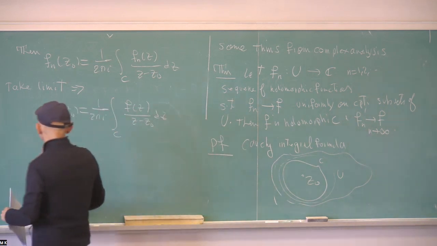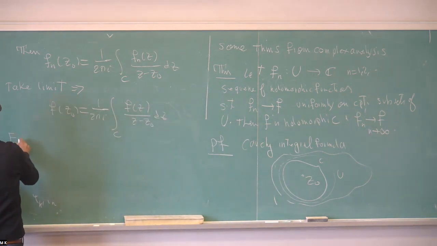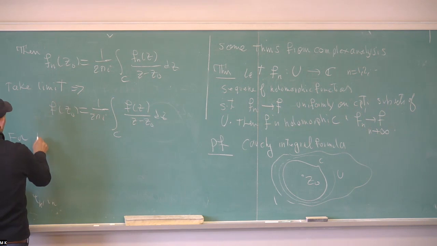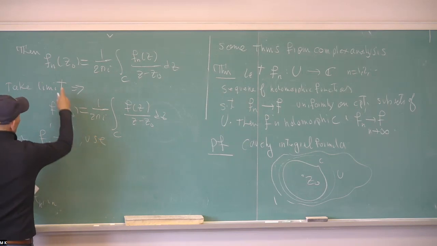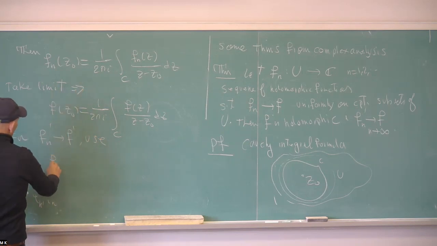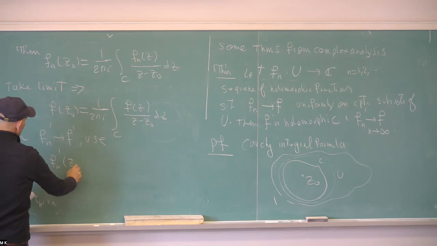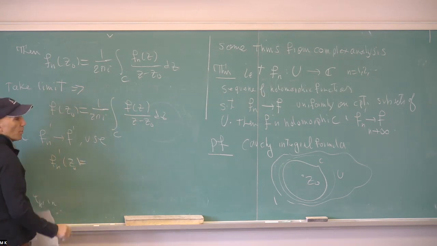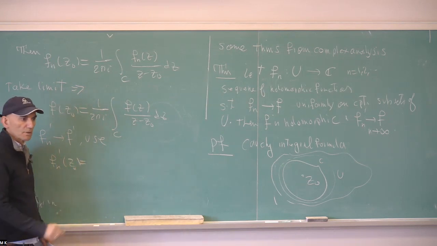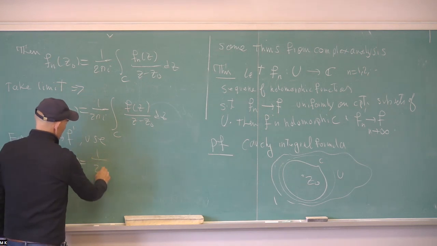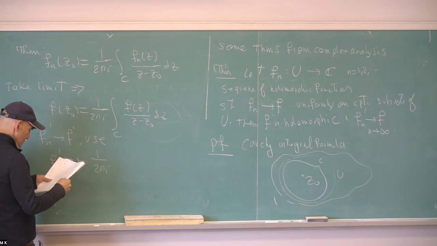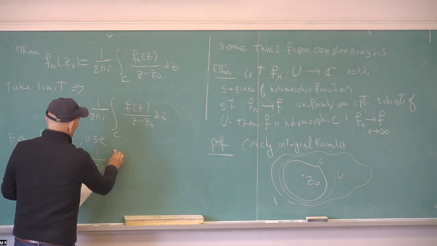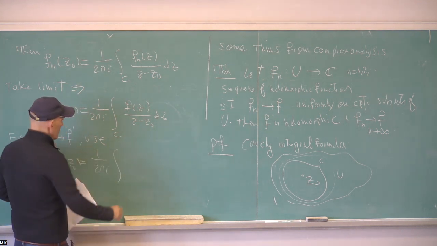Okay, so for the derivative, just take the derivative of this. Use the other Cauchy integral formula for the derivative. We have a corresponding formula also for F_n prime of z0. What is the formula? Is it 1 over 2 pi i squared? No, only (z minus z0) squared, right?